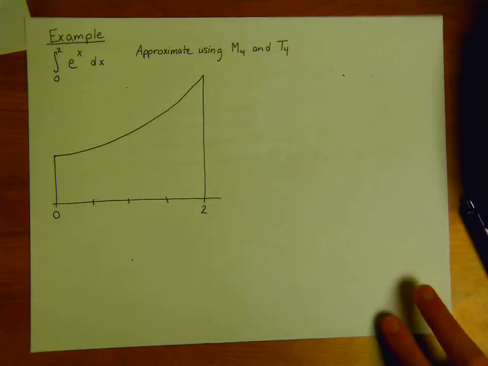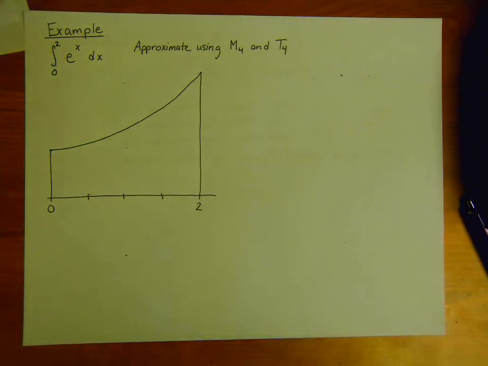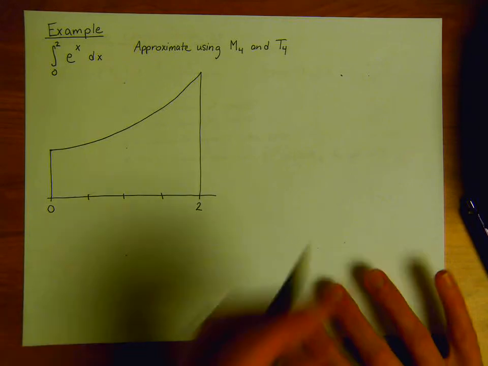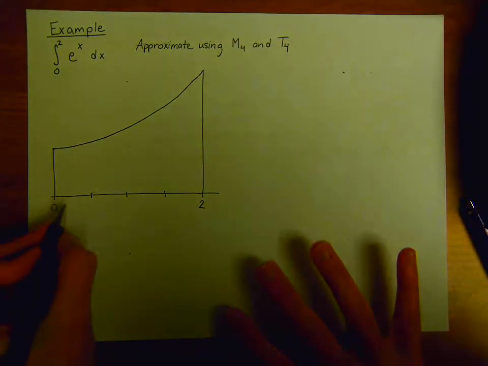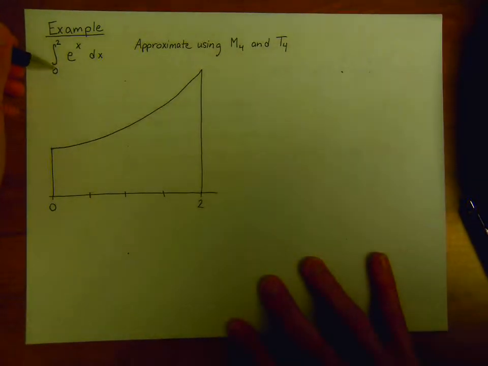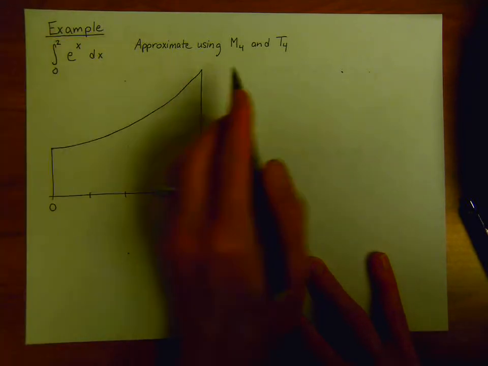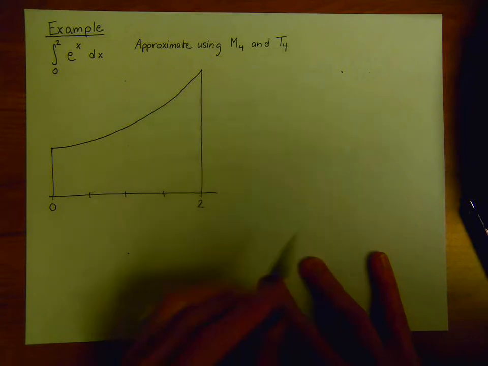Let's go ahead and do an example. So this is going to involve some computation, and so it's going to take a little while. And if you get bored, I give you permission to fast forward through it. But what we want to do is we're going to approximate the integral from 0 to 2 of e to the x dx using our M4 and our T4 techniques.